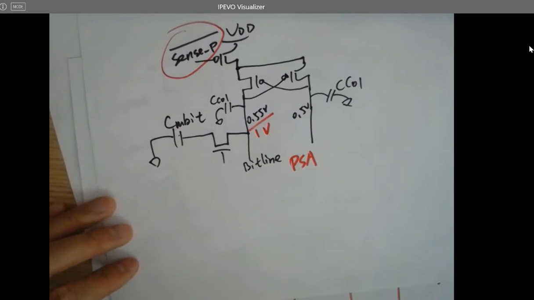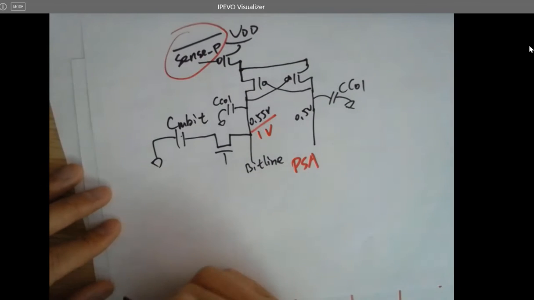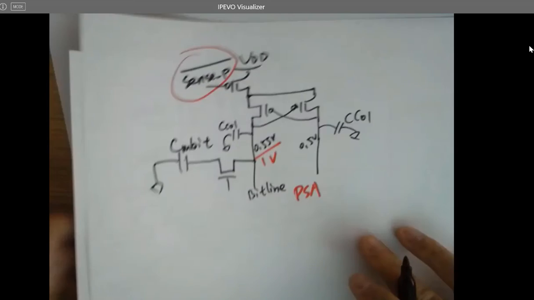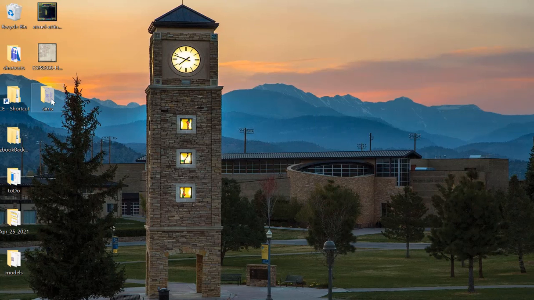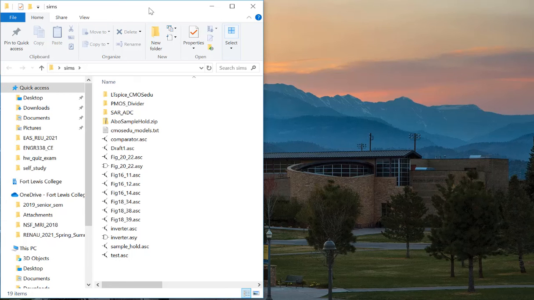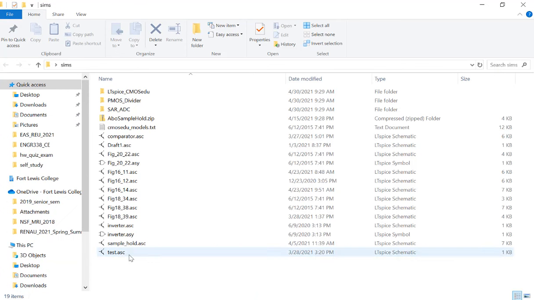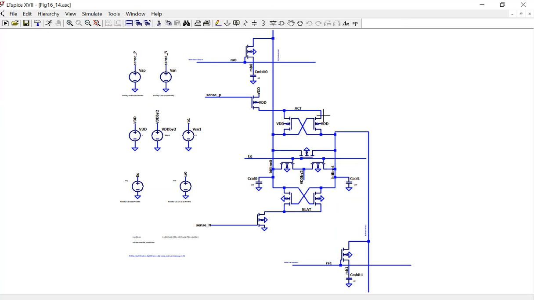And we do have a simulation circuit to do this. Let's take a look at it really quick. Given the time constraints, I'm going to directly show you the final version. So that's a DRAM cell with a PSA and NSA.